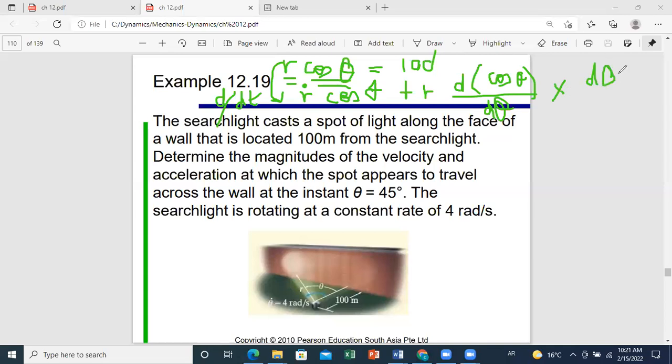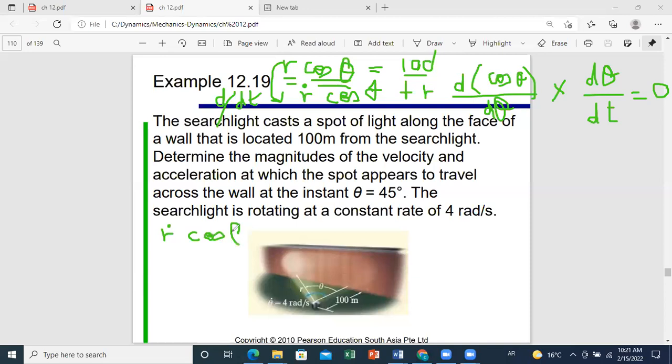Okay, so here we use the chain rule in order to derive the second term with respect to time. This will give us equal to the derivative of 100, which is a constant, so it's 0. So we obtain the following result: r dot times cosine theta.